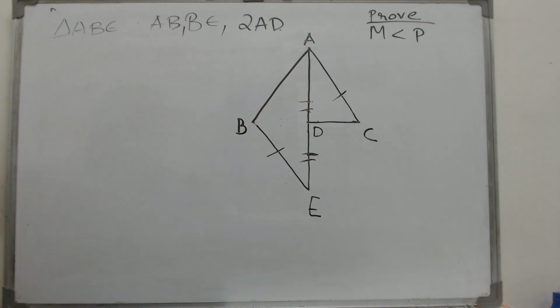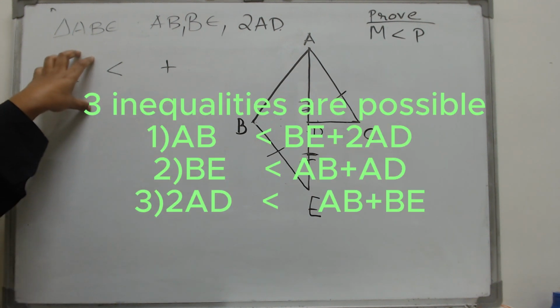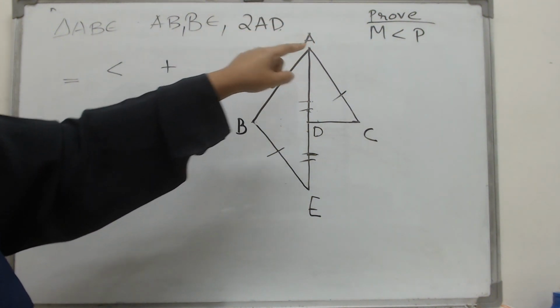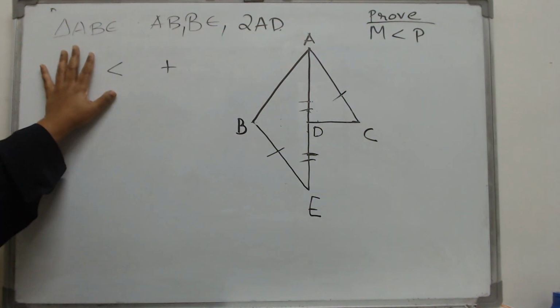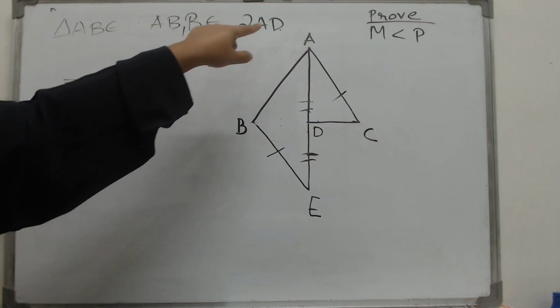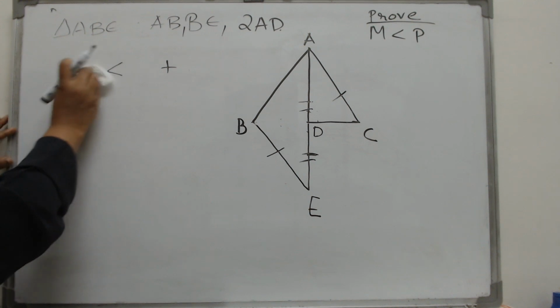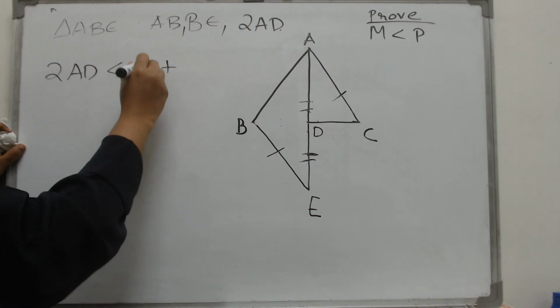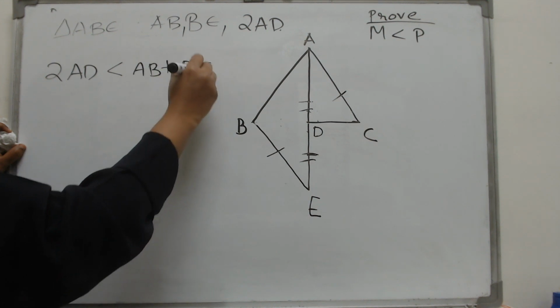Now, what does the triangle inequality say? The sum of two sides of a triangle is greater than the third side. How do you choose which one to put in the lower side? For that, look at your question. Your question needs median in the lower side and perimeter in the higher side. So where you see the median, put that in the lower side and put the other two in the bigger side.